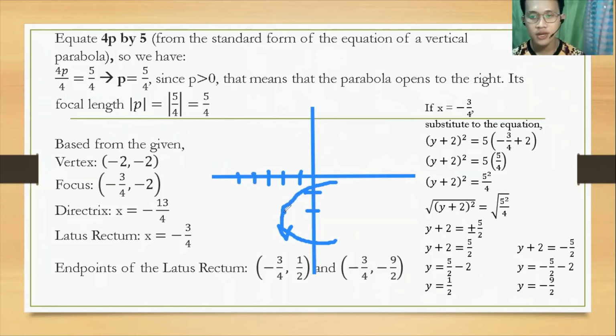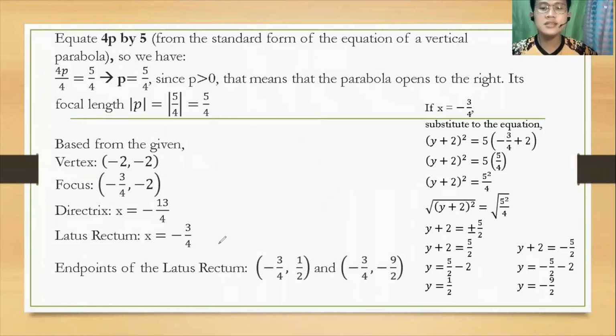Okay, this is your vertex. You move 1 and 1/4. So that's 1 and then 1/4. So basically, your directrix is located here, at the back of the graph of the parabola. Yes.